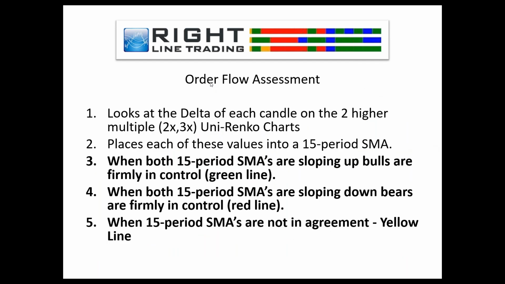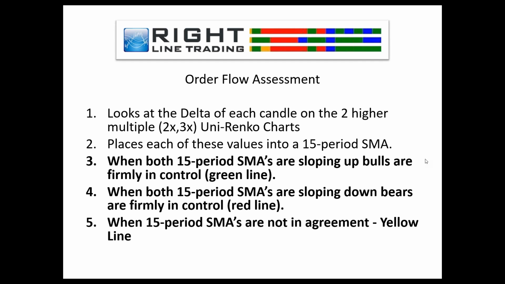So what we do is we look at 3 time frames, the trading chart and the 2 higher time frames. Now I trade a Renko chart, but it doesn't matter what you trade. And we take the delta values of each candle, put them into a 15-period simple moving average that smooths out all the data.